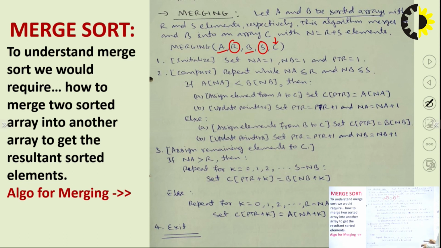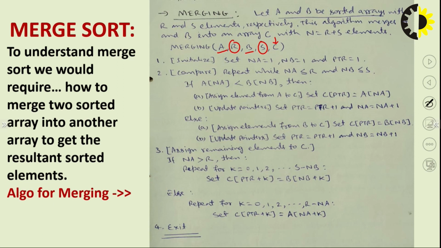First we will initialize some indexes. Suppose we start the array with the first element. In merging, we actually compare elements. How do we compare? The first element of array A will be compared with the first element of array B, and whichever is lesser, we will put into C. Clear?